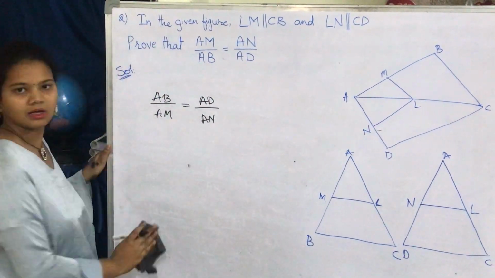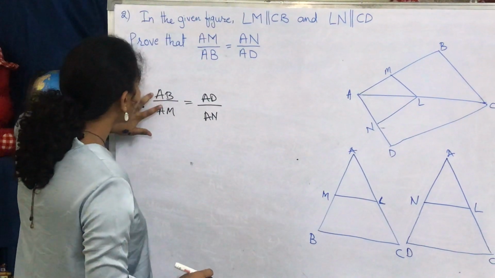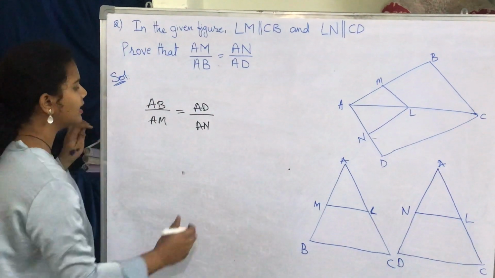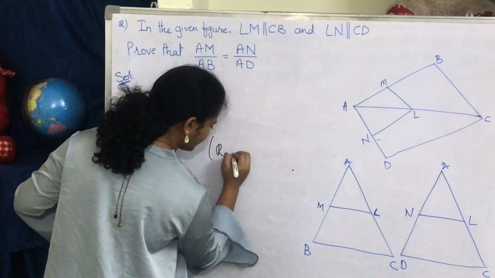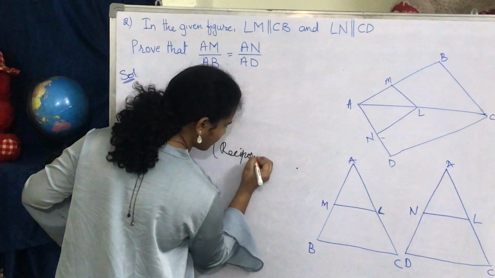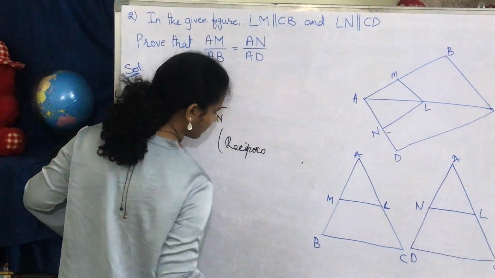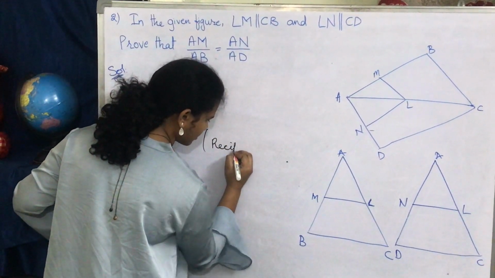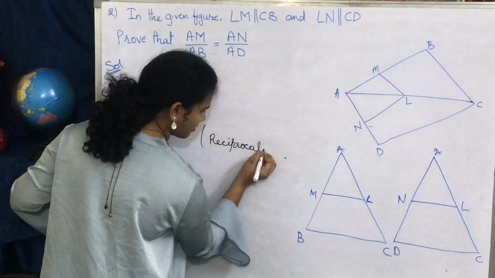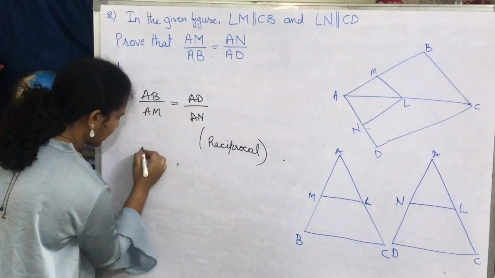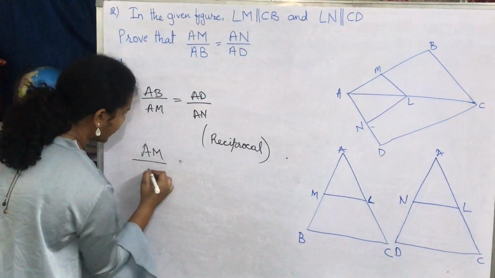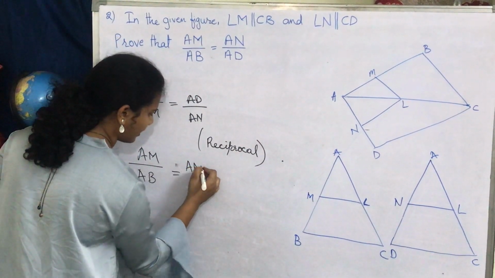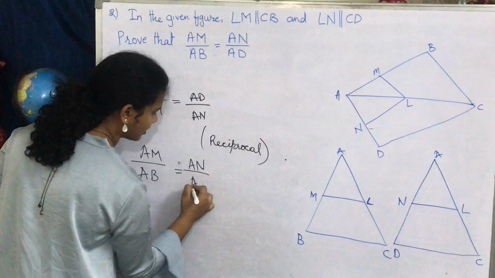Clear till here? Now we got AB by AM equals AD by AN, but still it is not the required form. So now just take the reciprocal again. By doing the reciprocal, we get AM by AB equals AN by AD.